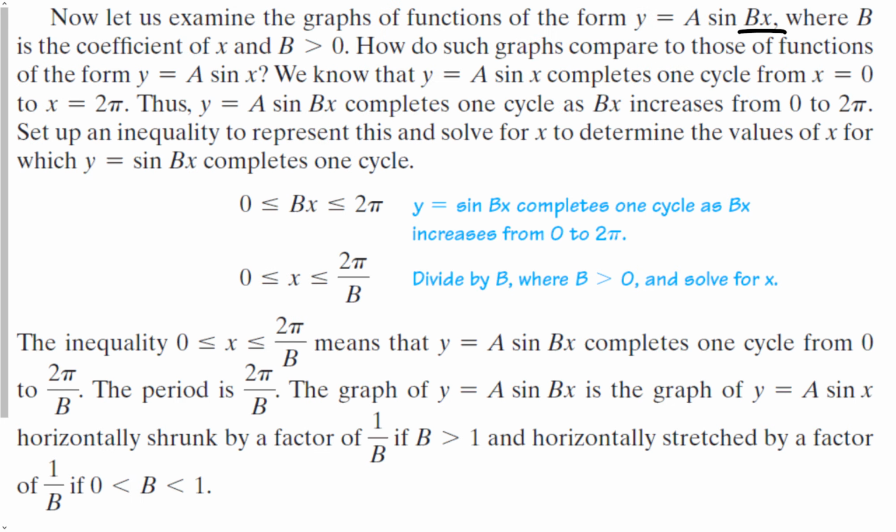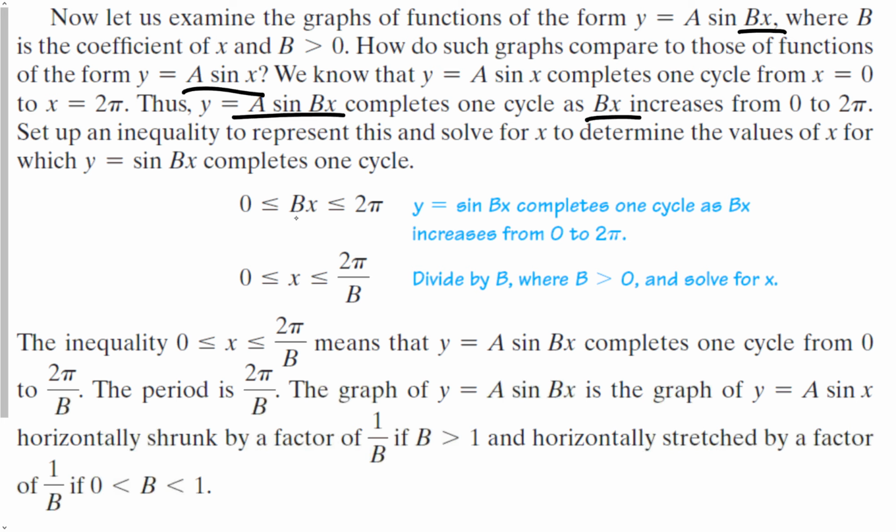So that's what we're going to be doing when we put this b in front of x, and it's going to be greater than 0. Normally, if we compare it to the original function, we know that a sine x completes one cycle from 0 to 2 pi. So this new function completes one cycle as b times x increases from 0 to 2 pi.